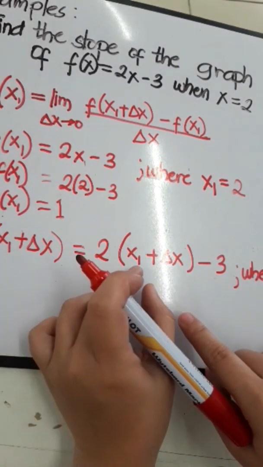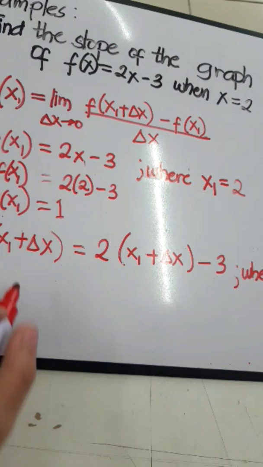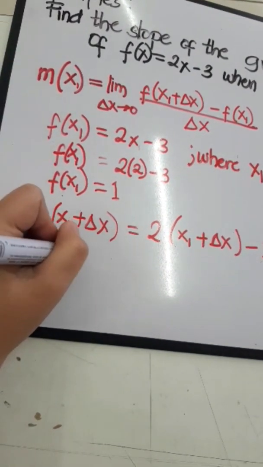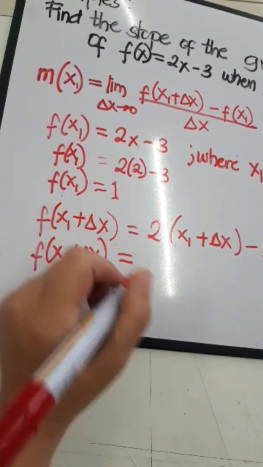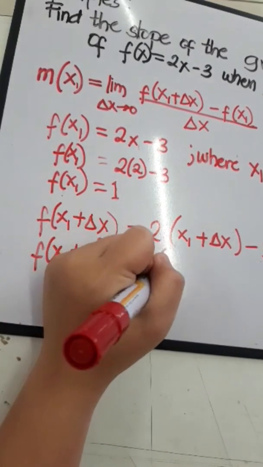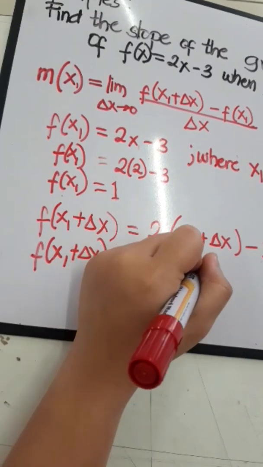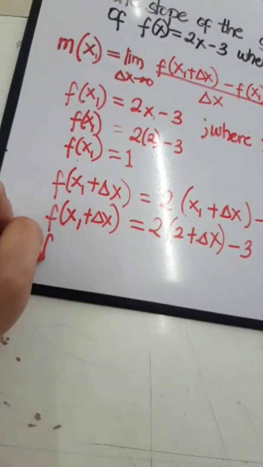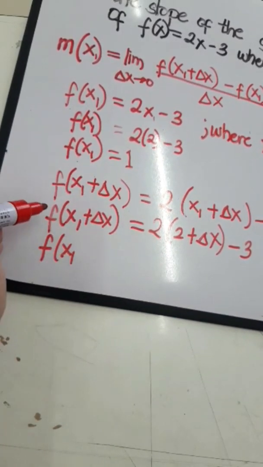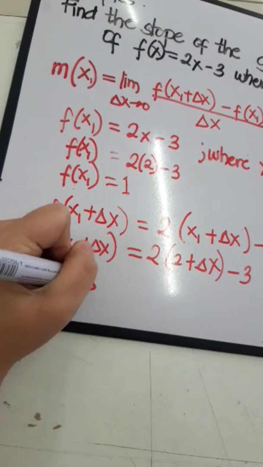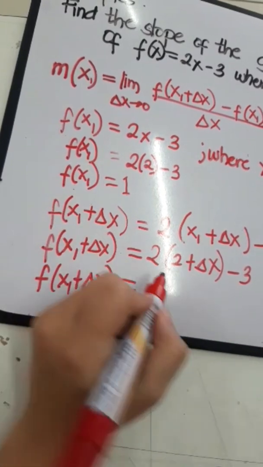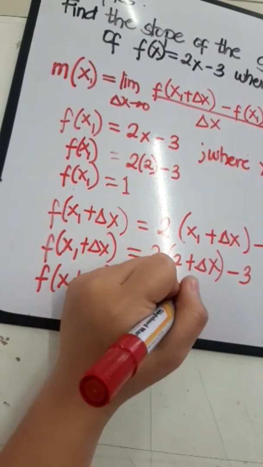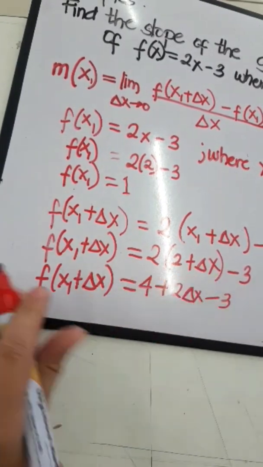F of x sub 1 plus delta x is equal to 2 times 2 plus delta x minus 3. 2 times 2 is 4, plus 2 times delta x is 2 delta x, minus 3.